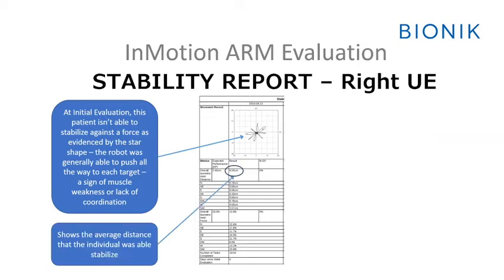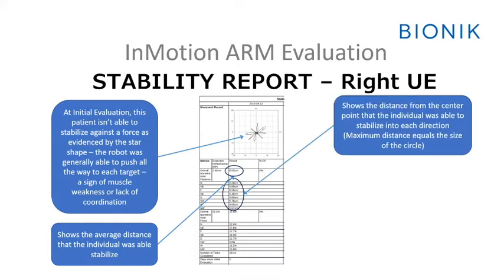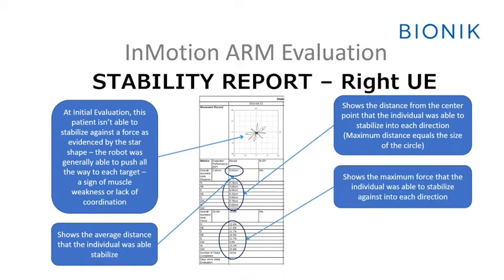We also can measure through the metrics the average distance that the individual was able to stabilize against, giving us an idea of whether the person was able to stop the force at all. We can also break that distance down by direction, which can correspond to muscle groups being able to perform this activity.